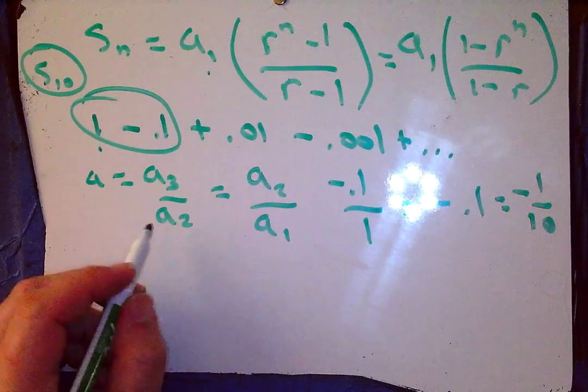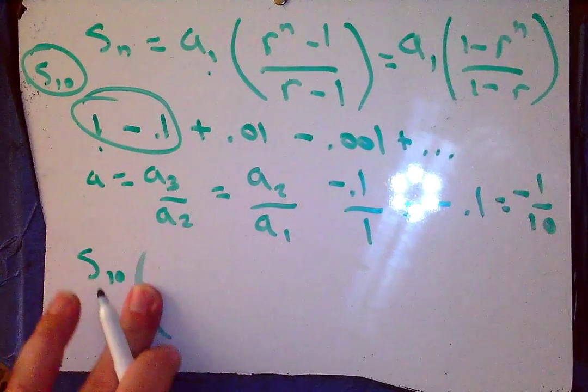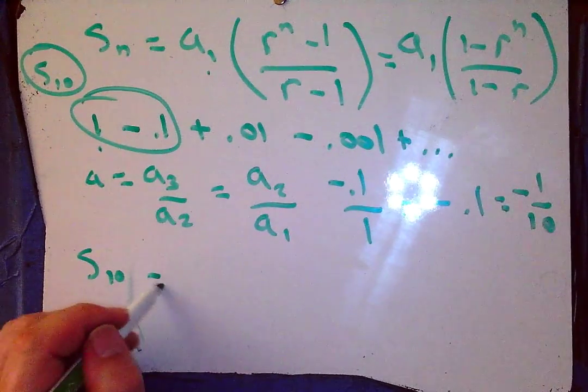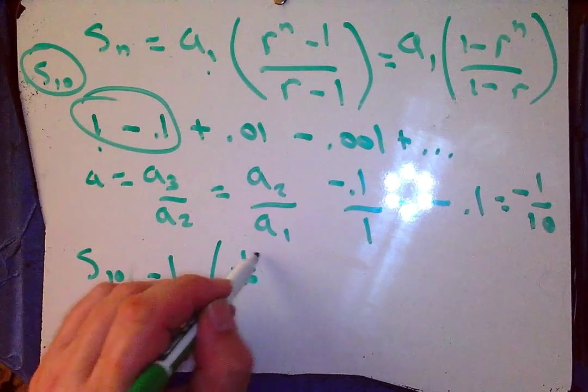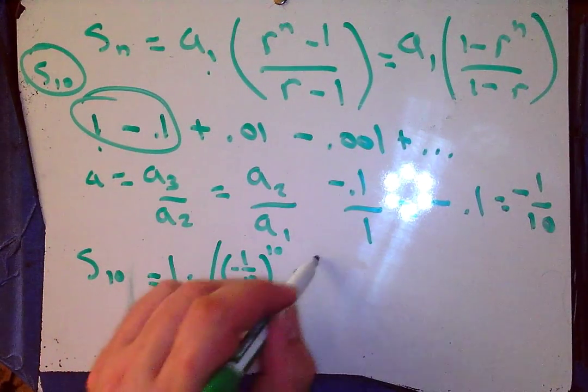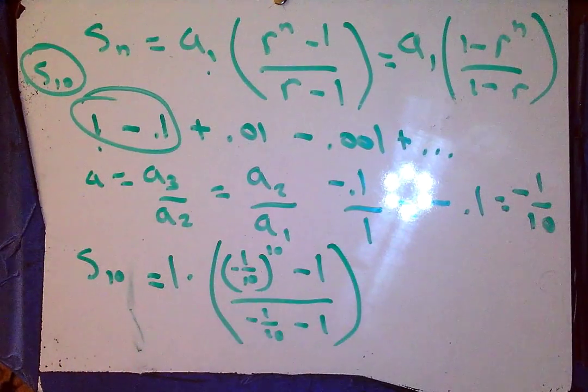Okay, so then if I write the sum of 10, I'm going to have 1 times -1/10 to the 10 minus 1 over -1/10 minus 1.